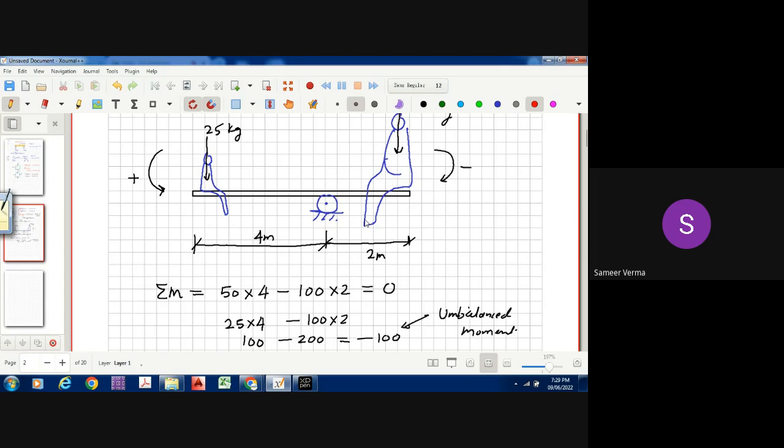It will lower down on the heavier side, so on this side it will lower down, because this moment is more. The right side moment is more, so it will try to go down, like a seesaw, and this side will go up. So this is the moment equilibrium we can say.